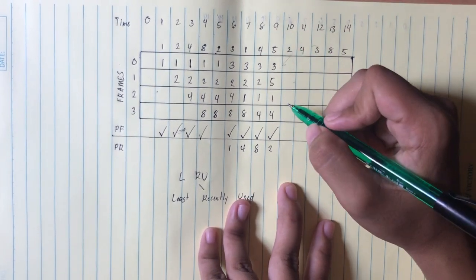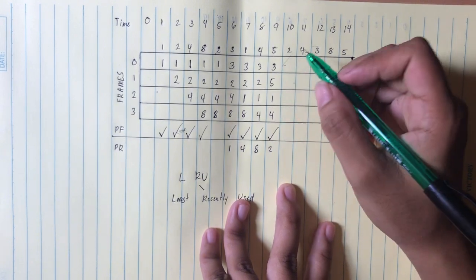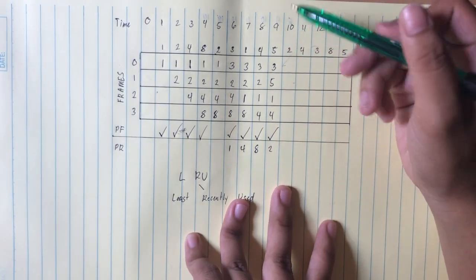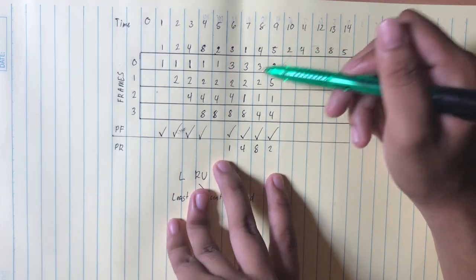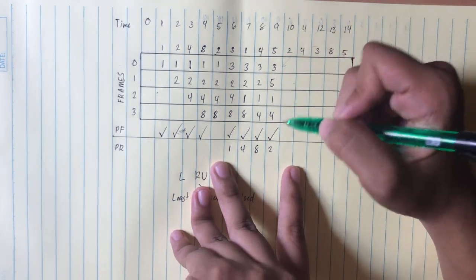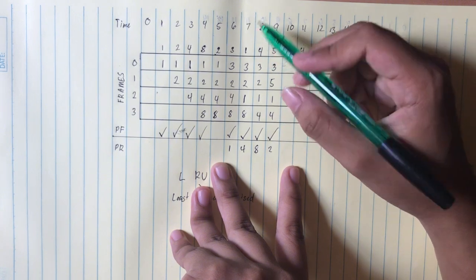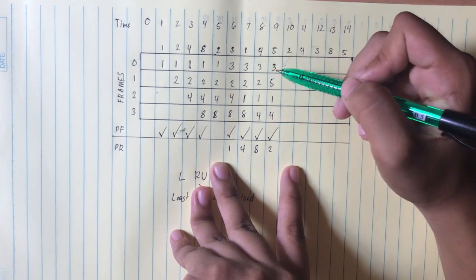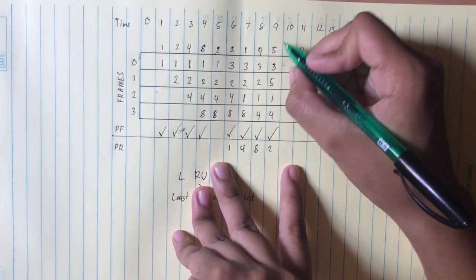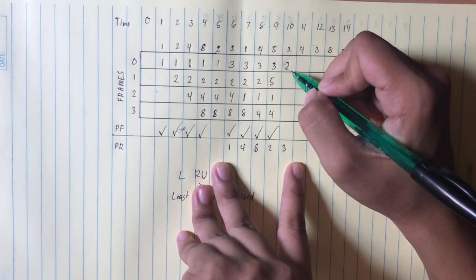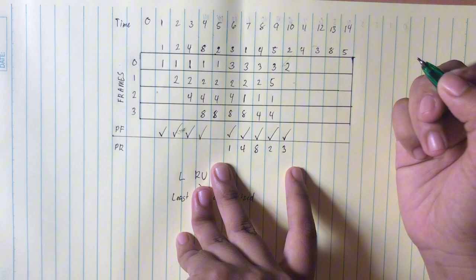2. Entered 2. There were no 2 here. So we're going to choose again which page we're going to replace. So page 5, page 4, page 1, page 3. Page 3 is the farthest from 2, so we're going to replace 3 since we inputted 2. Page fault.